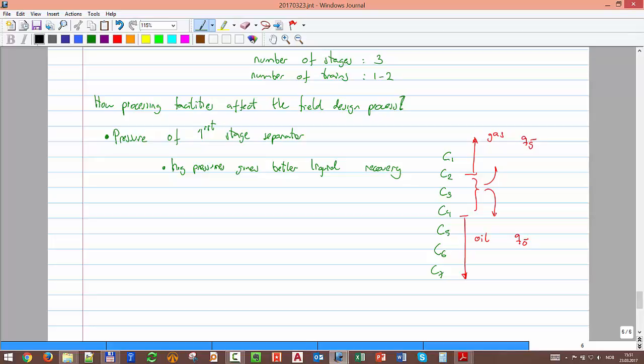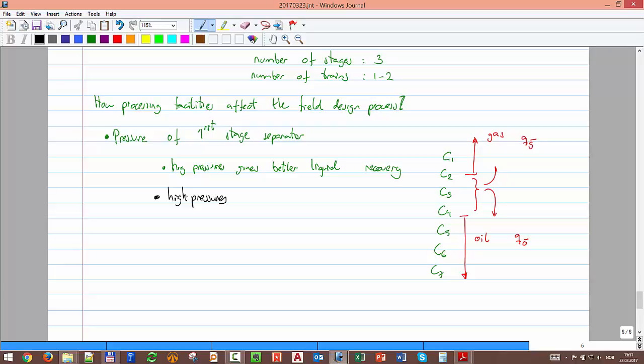But what is the problem with high pressures? If you see it from the production side, from the available versus required. If you make the first stage separator pressure high, then remember that what is driving the flow is the difference between reservoir pressure and separator pressure.